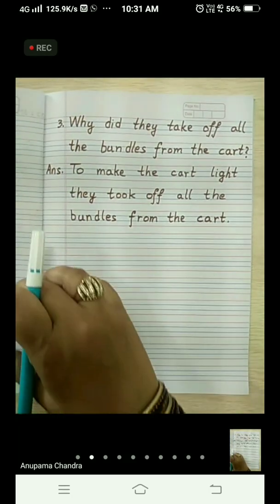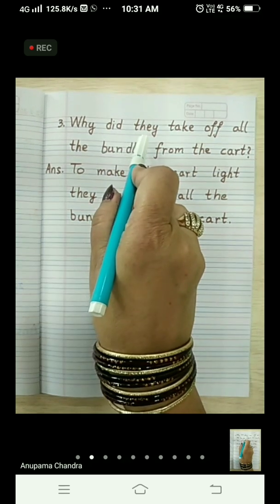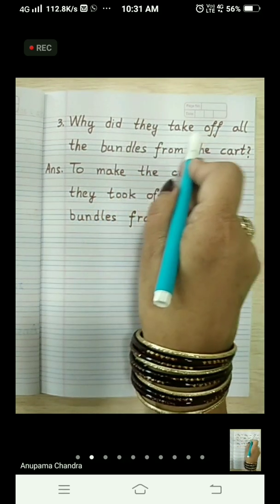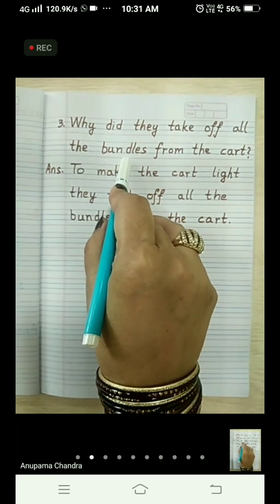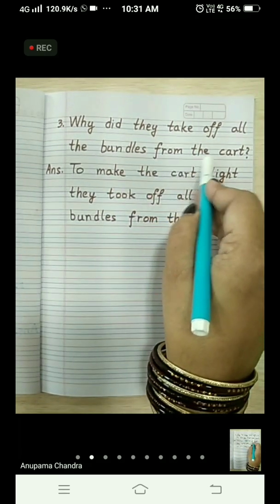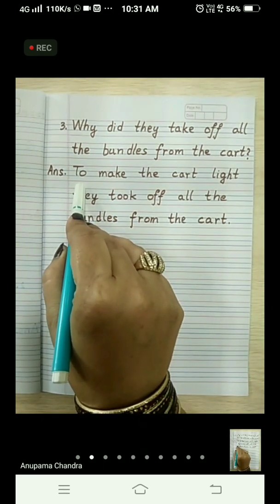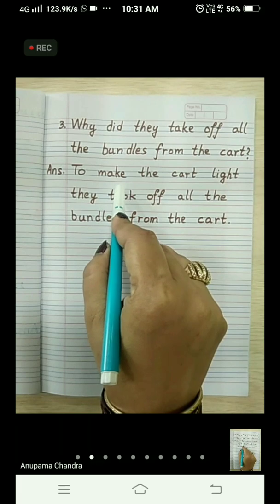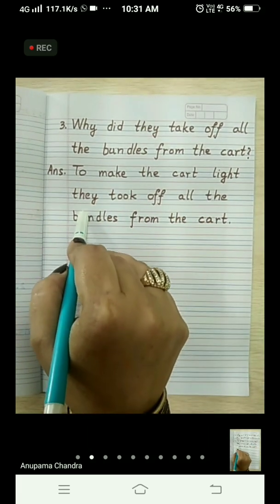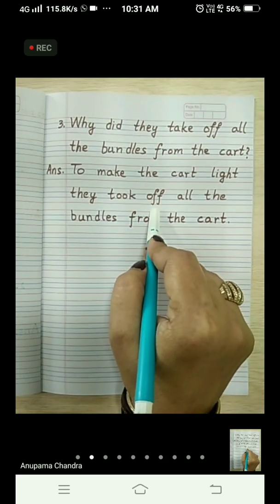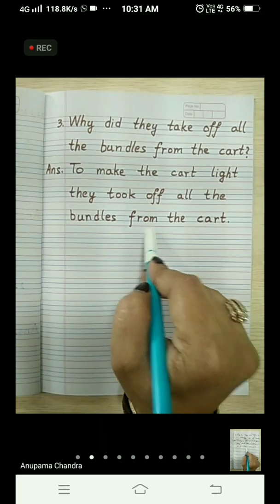Question number 3. Why did they take off all the bundles from the cart? Answer: to make the cart light. They took off all the bundles from the cart.